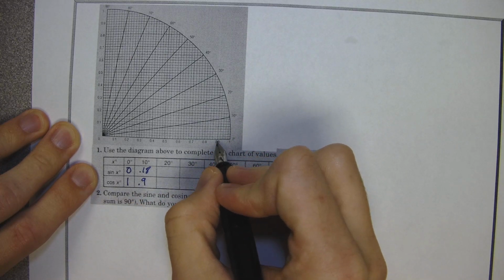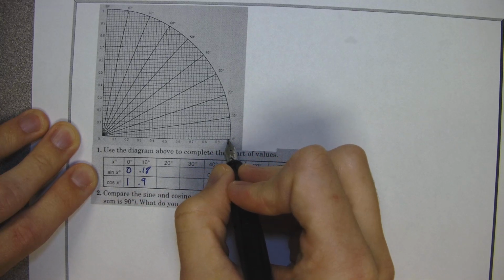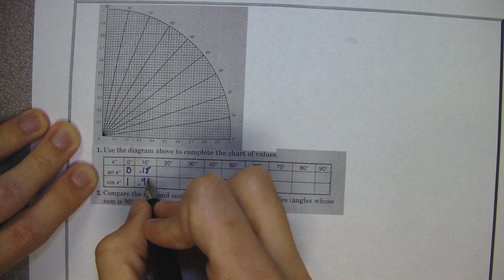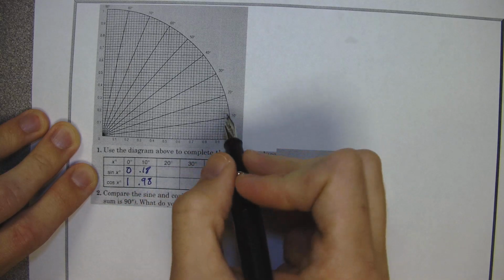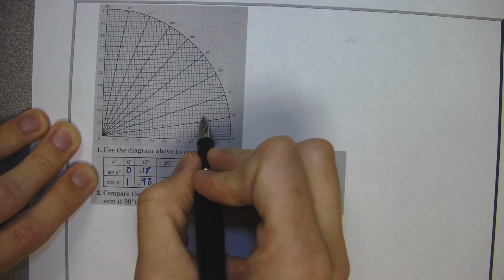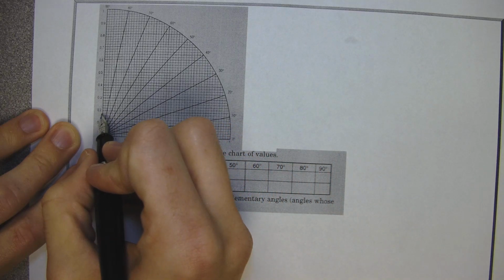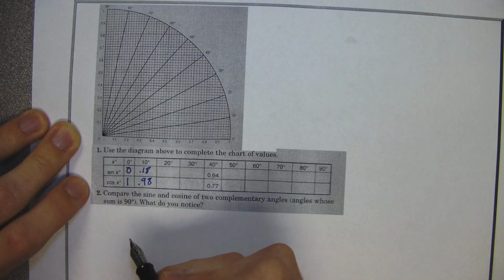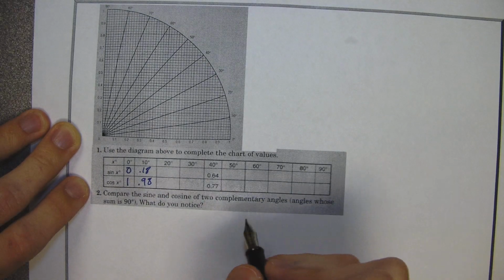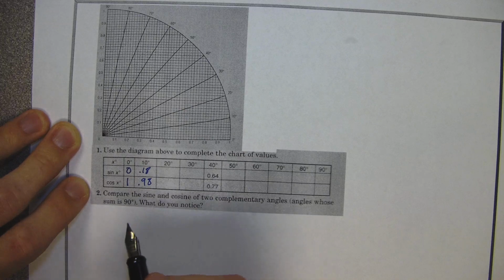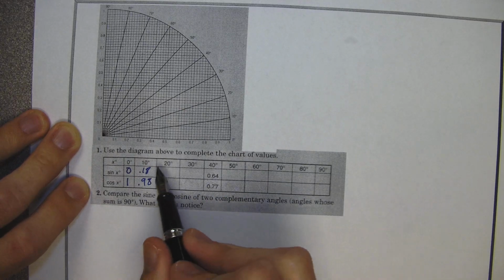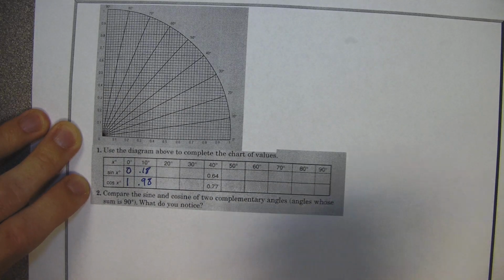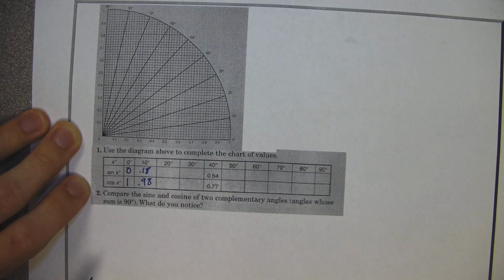I don't know. Let's see. 1, 2, 3, 4, 5. So that would be what? 0.8 maybe, something like that. I'm not sure. Yeah, about like that. Somewhere in that neck of the woods. And then so on and so forth. And notice it's very hard to read and not a great way of doing it, but it will work. So again, try it, see what you get, and we'll see what you find.